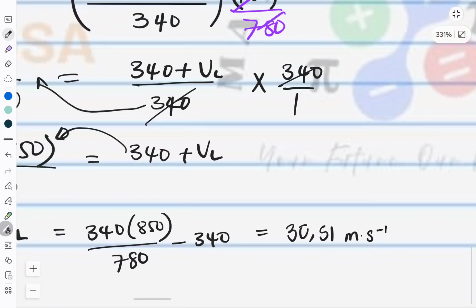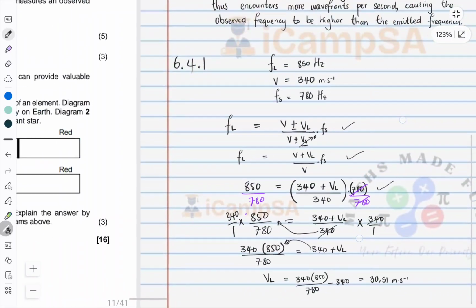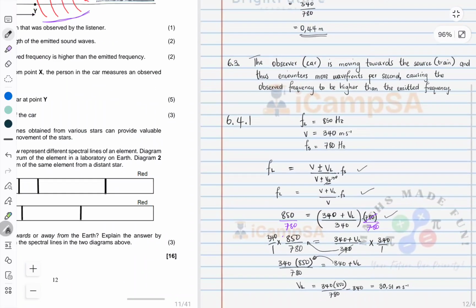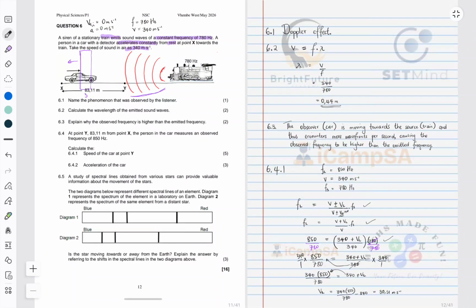So that's how you would find the velocity of the observer in this particular case, 30.51. All right, so that's Doppler effect for you. Now let's go to acceleration of the car.